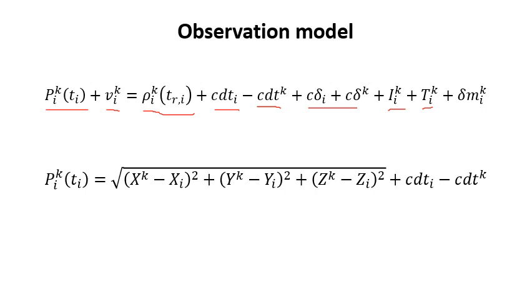And the next one is the multipath, and the multipath modeling is not so easy. So that's why it will be omitted in most of the standalone absolute positioning applications. For our modeling, we will then only deal with the first three terms at the right-hand side, namely the geometric distance between the receiver and the satellite, the receiver clock error and the satellite clock error.